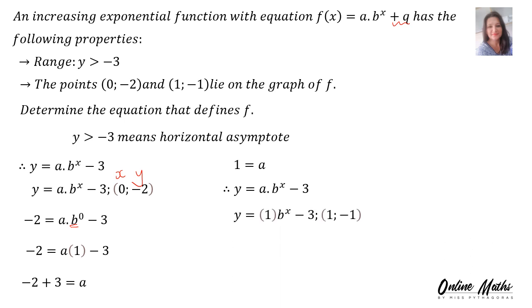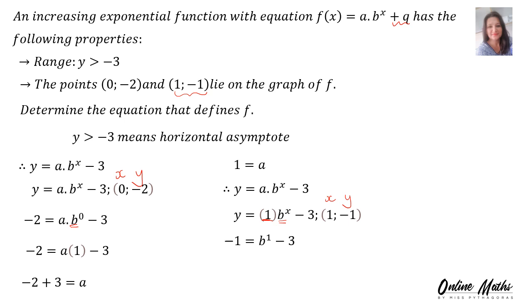In goes the a. And then we still want a value for b. And this is why they gave us this other coordinate, the point (1, negative 1), that consists of an x and a y. So in y's place, we substitute negative 1 equals b, and in x's place 1 minus 3.